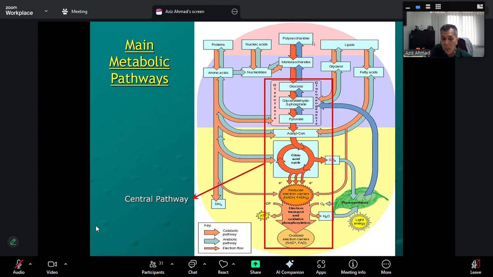So this is for aerobic organisms, which have the ability to use oxygen, because oxygen is the electron acceptor for the production of ATP in the electron transport chain.